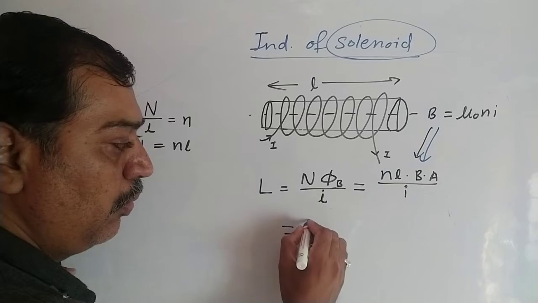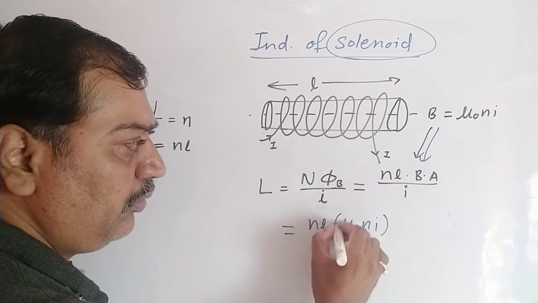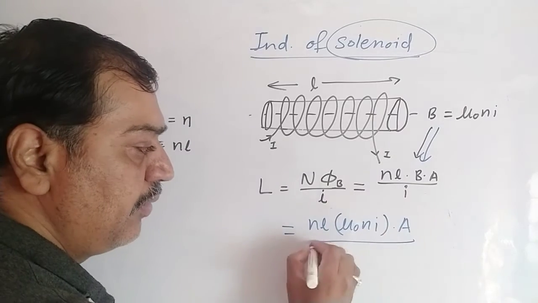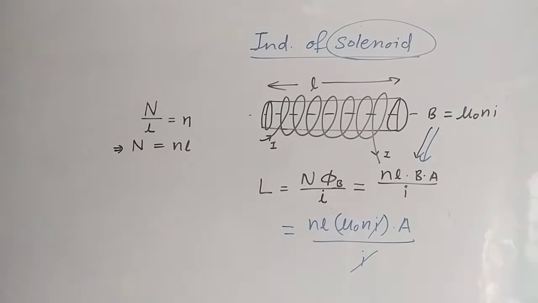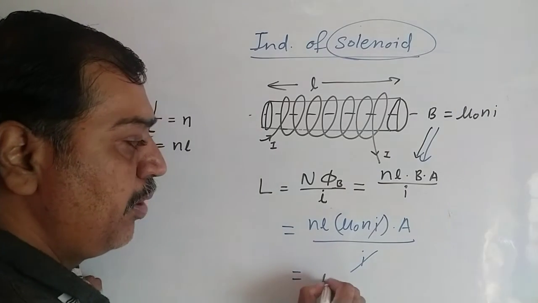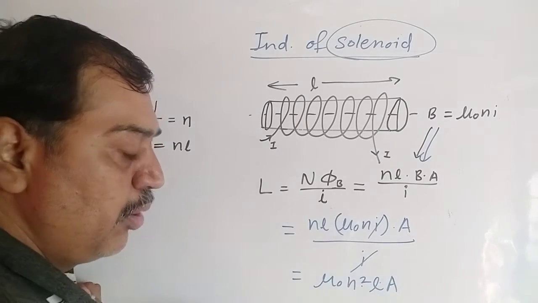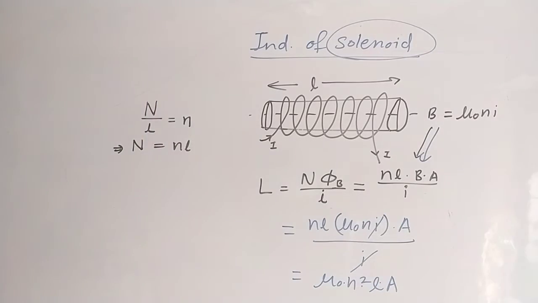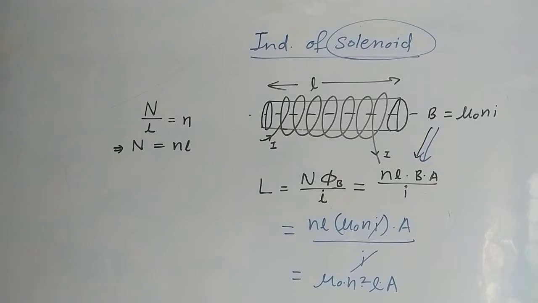So L equal to nL mu 0 n i into A divided by I. This I gets cancelled with this I. So we can write mu 0 n square LA.